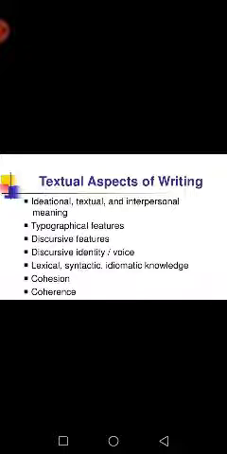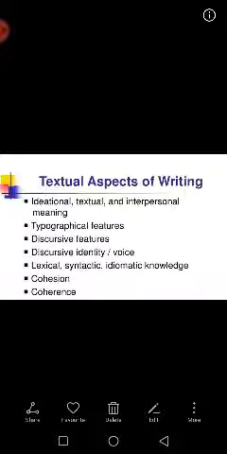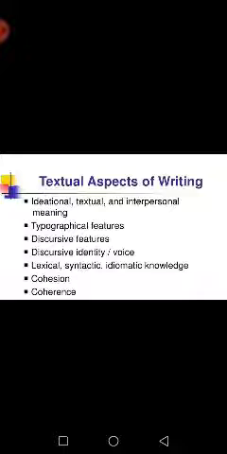We have typographical features that relate to punctuation marks, maybe font size, or capitalization, italics. Discursive features are represented by using topicalization or maybe nominalization.